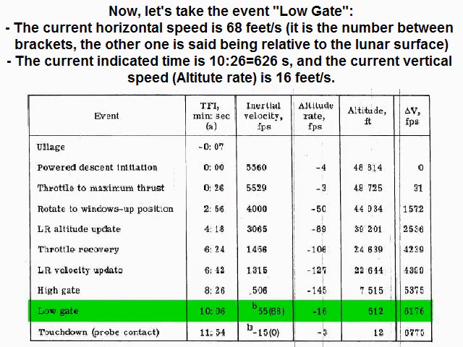Now, let's take the event low gate. The current horizontal speed is 68 feet per second. It is the number between brackets. The other one is said to be relative to the lunar surface. The current indicated time is 10 minutes 26 equals 626 seconds, and the current vertical speed, altitude rate, is 16 feet per second.